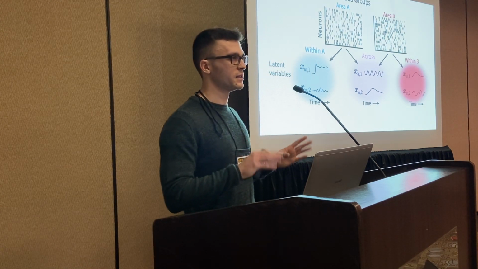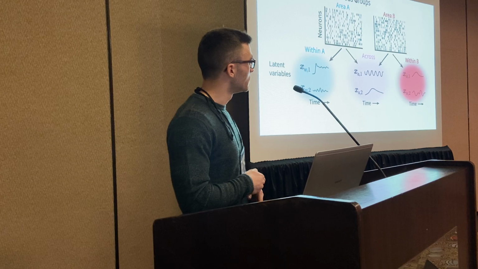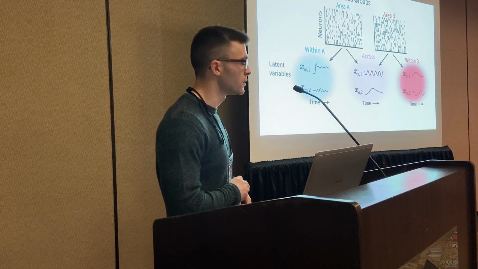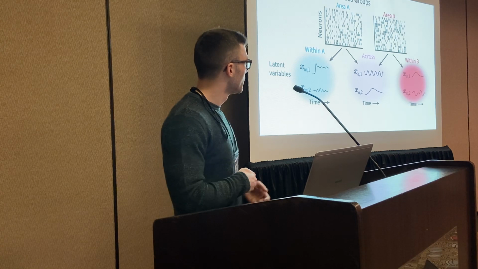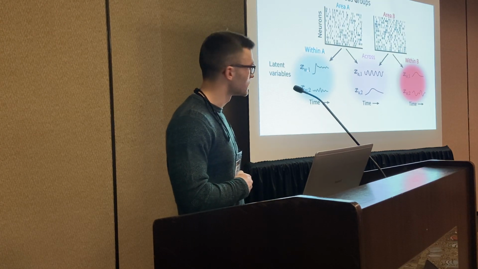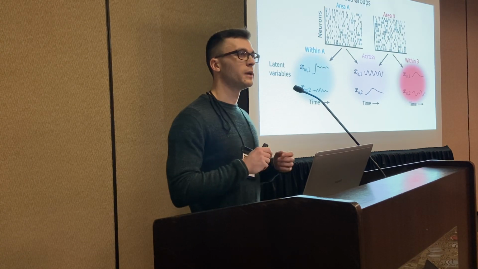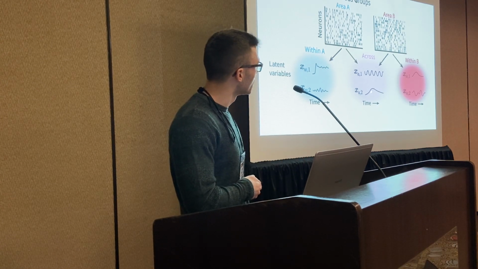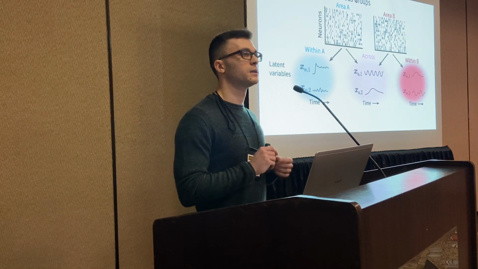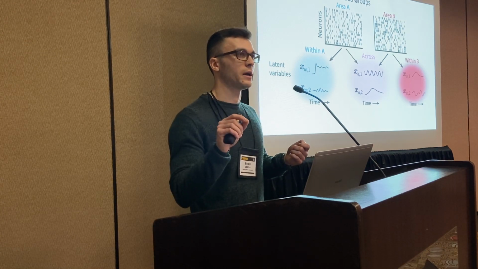Here's the high-level idea behind the DLAG model. We start with population activity in each area, and we decompose it into two sets of latent variables. A within-area set, which captures covariance between neurons within a population, within an area, and then an across-area set, which captures covariance among neurons across areas.